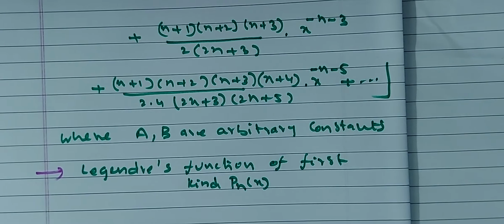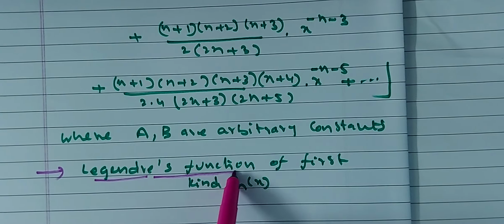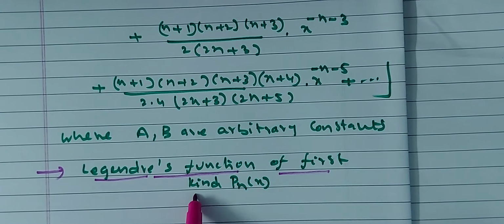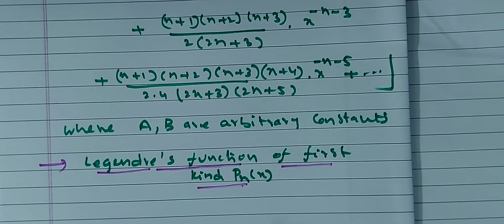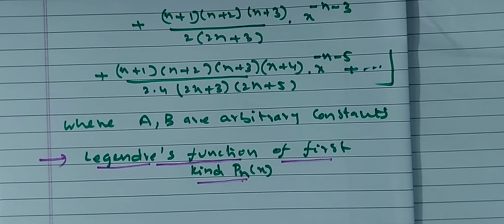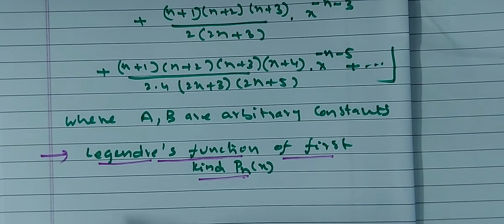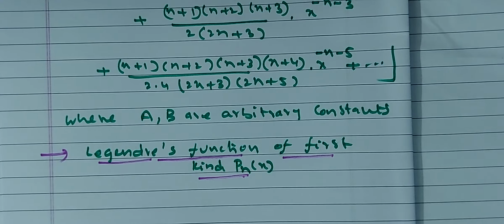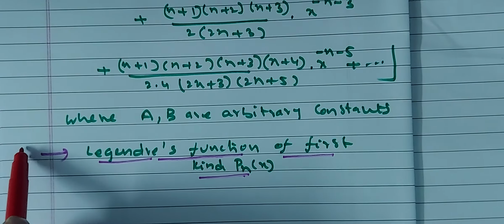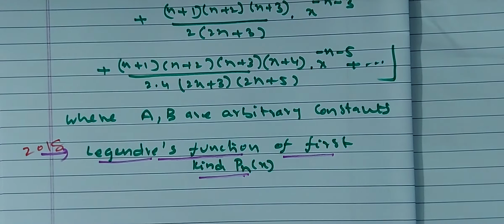In the solutions of the Legendre's equation, Pn of x is called the Legendre's function of first kind. What is the Legendre's function of first kind Pn of x? It was written already in the solution of the Legendre's equation. Particularly, this was given in examination for 2 marks, in 2018.